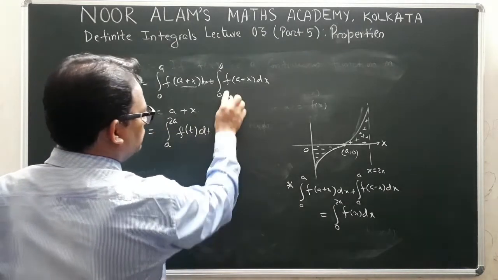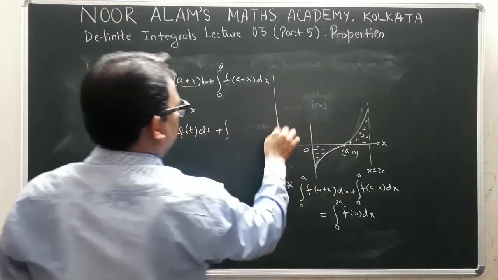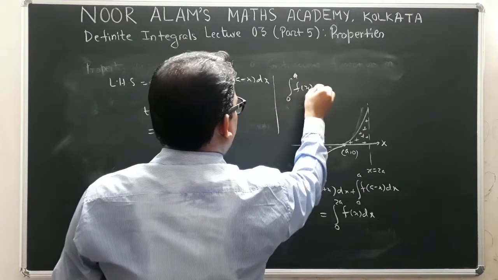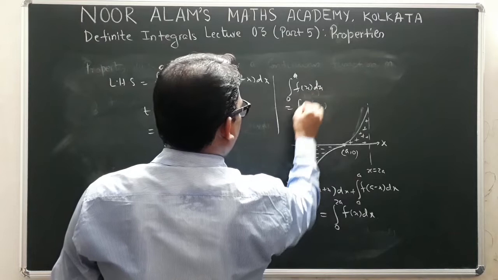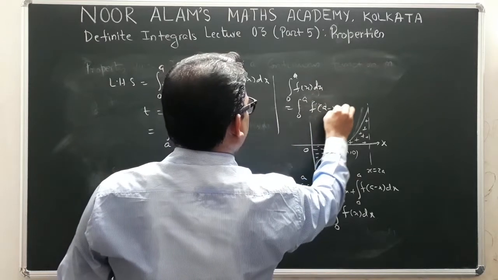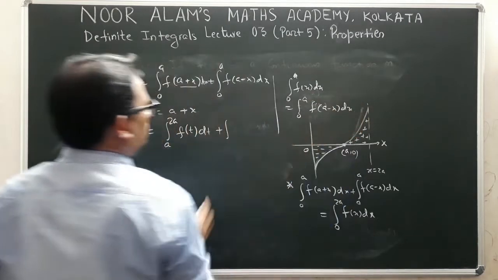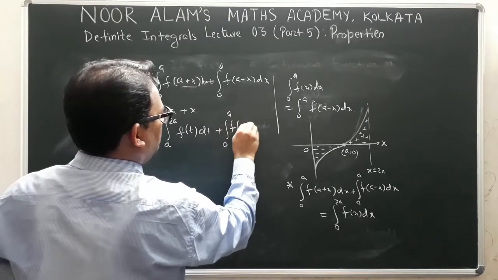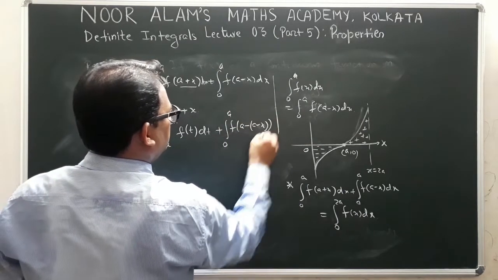And here we use one very well known property: the integral from 0 to a of f of x dx can be written as the integral from 0 to a of f of a minus x dx. So now we use this property here, for the integral from 0 to a of f of a minus x dx.